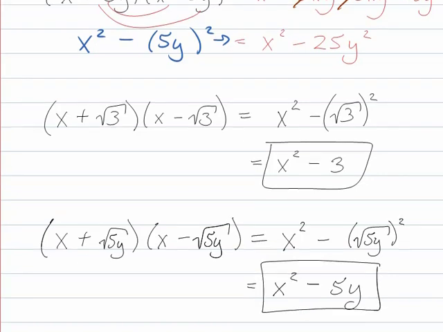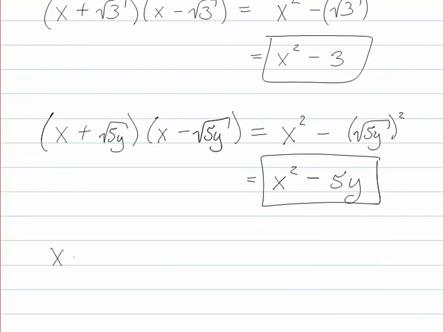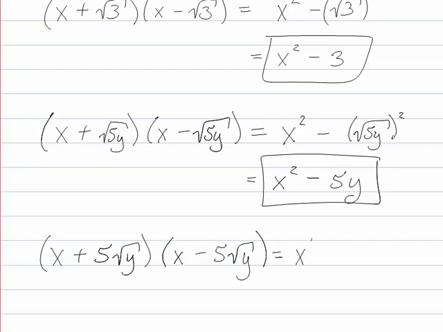Okay. Let's look at one more example. What if it was a little different? What if I had x plus 5 square root of y times x minus 5 square root of y? Again, we've got the first term squared minus the second term squared.